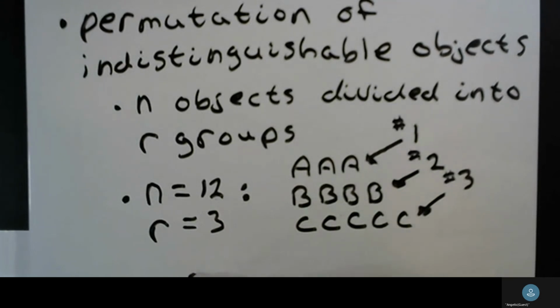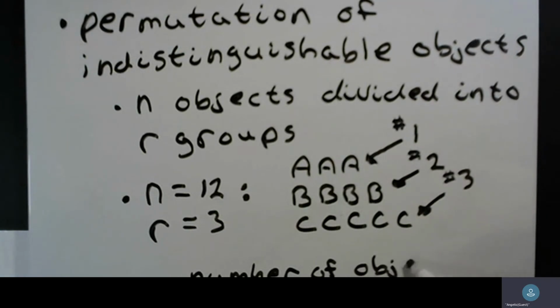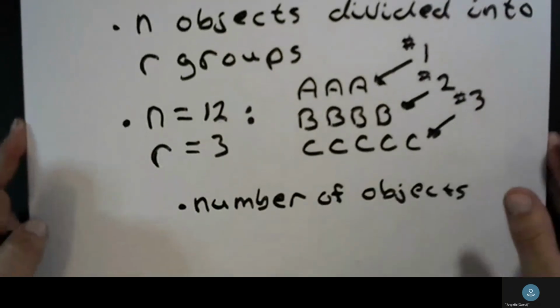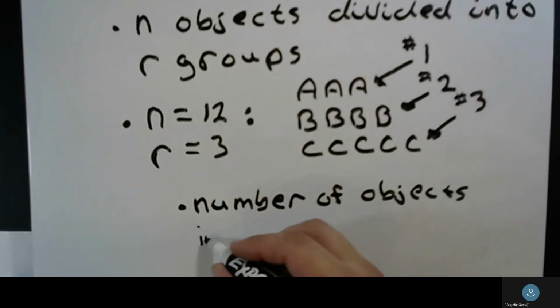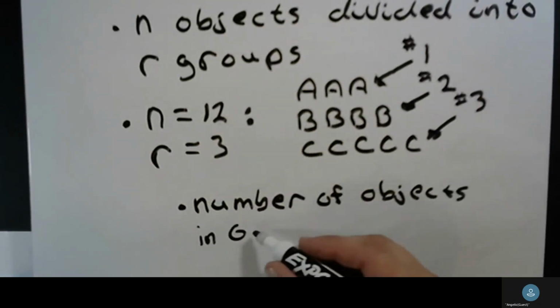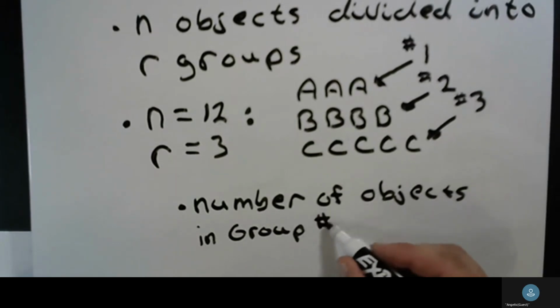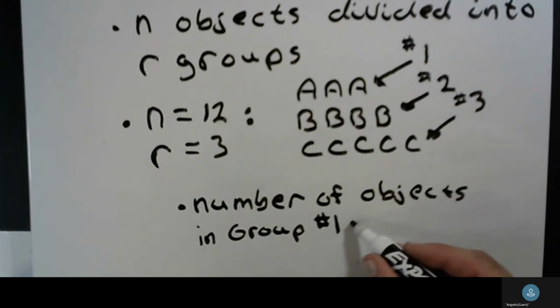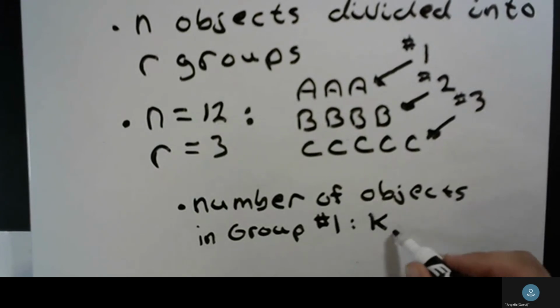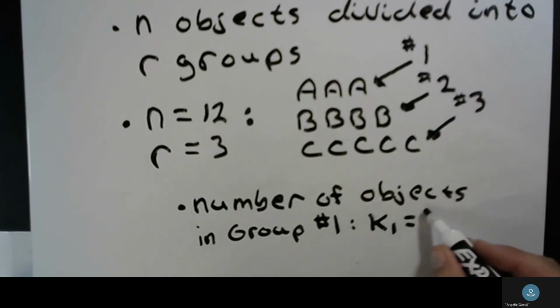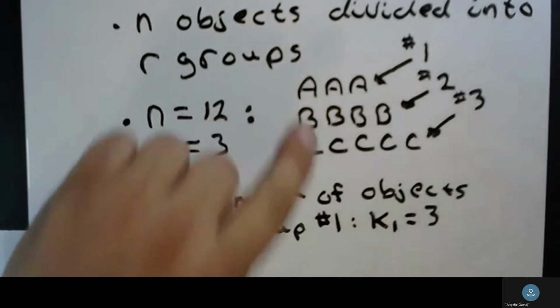And so what we're going to say is the number of objects in group number 1, we call this K1. It's going to be equal to 3 objects, 3 A's.